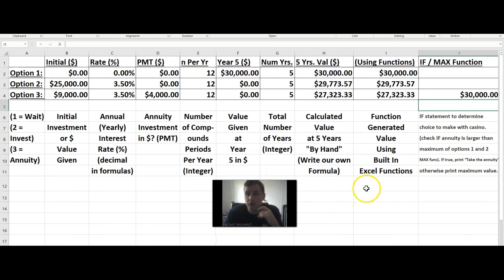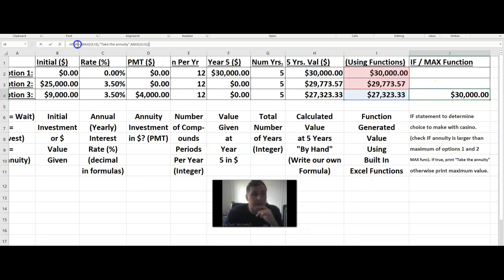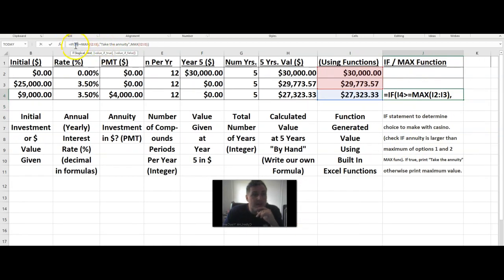Let me move the thing back over. Okay, so this if statement. If I4 is greater than the max of I2 and I3, where I4 is the value of the annuity, meaning if that's greater than the maximum of option 1 and option 2, then we want to display the annuity to the user.